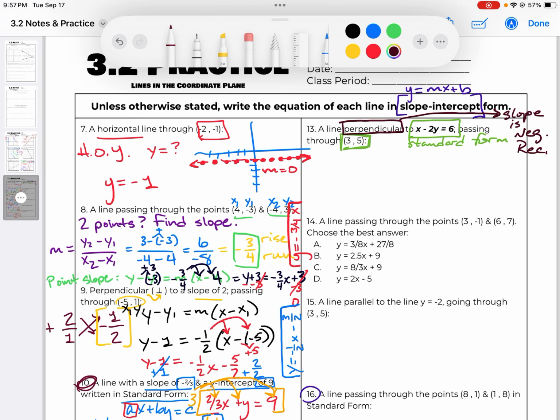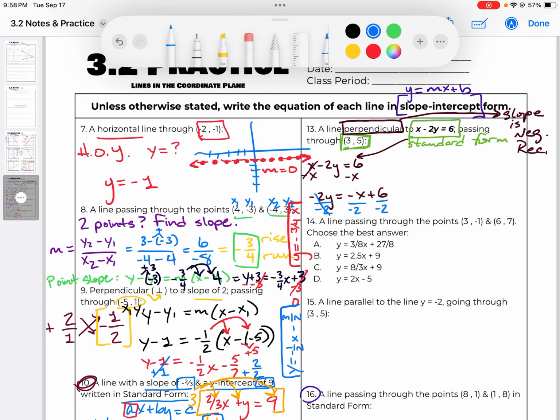So first thing I gotta do is I need to take this formula and convert it to slope-intercept form. The way I do that is I move the x over to the other side. So I have negative 2y equals negative x plus 6. And I also want to isolate this y, which means I need to divide everything here by negative 2.